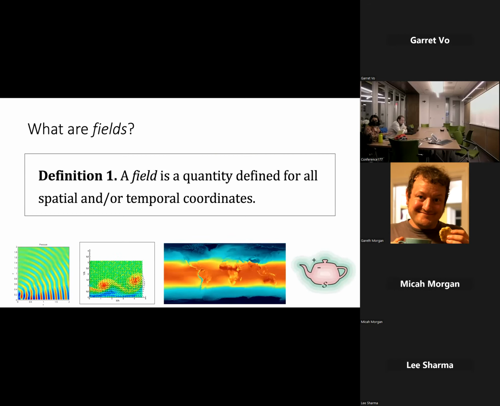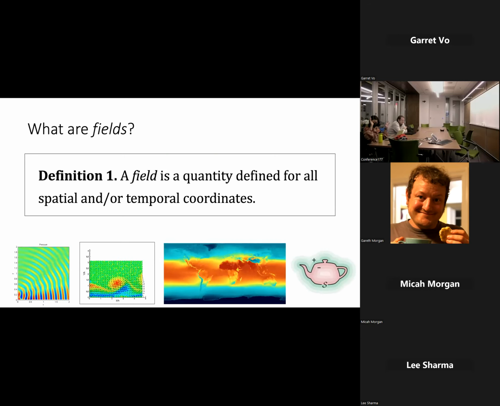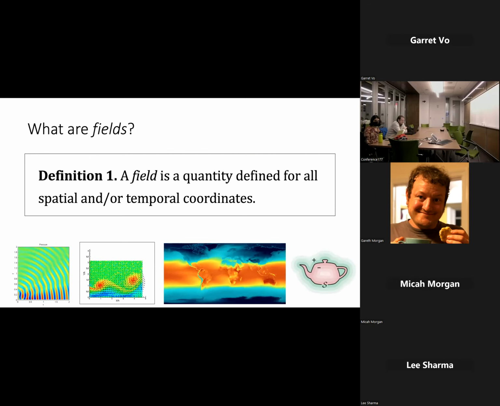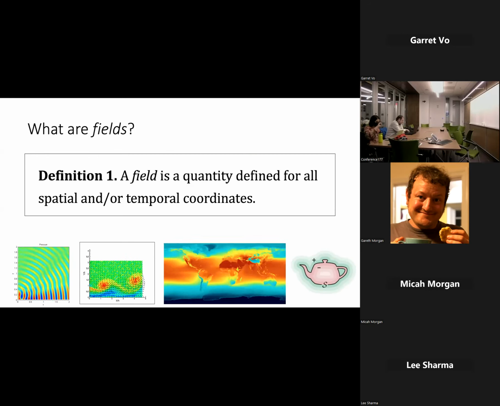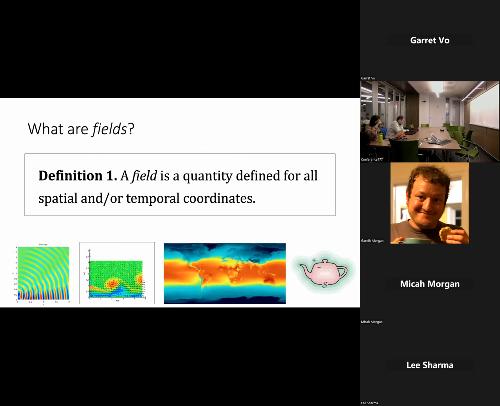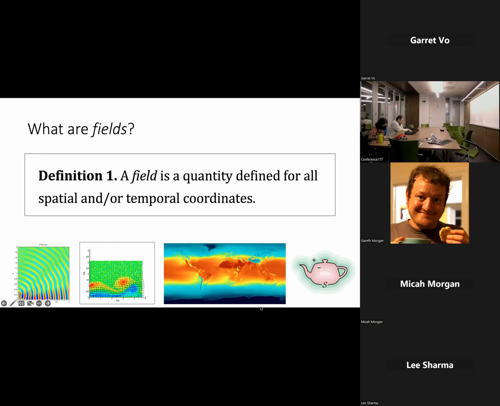So here are some examples of physical fields in physics, not necessarily neural. On the left, we've got a pressure field from a piston. Then we've got a vorticity field from basically vortex jetting as air flows across a plate or airfoil. I'm not quite sure what's happening downstream there.